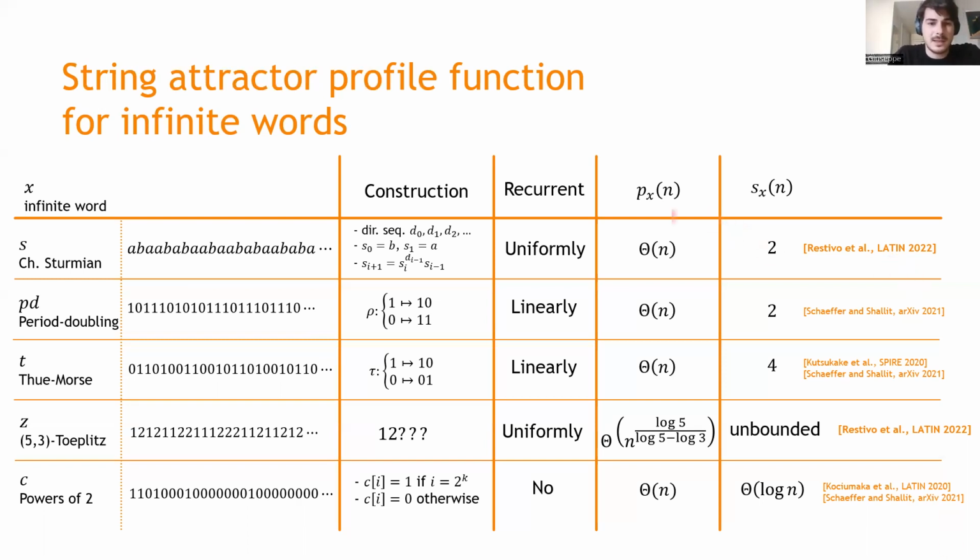So, given this scenario, we wonder if we can actually say that these two conditions must be verified in order to get a bounded string attractor profile function.